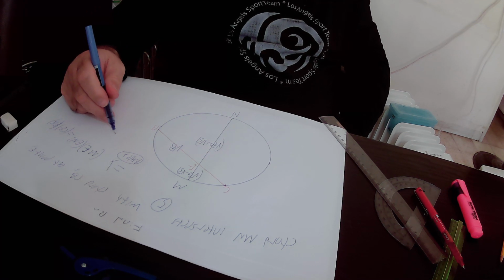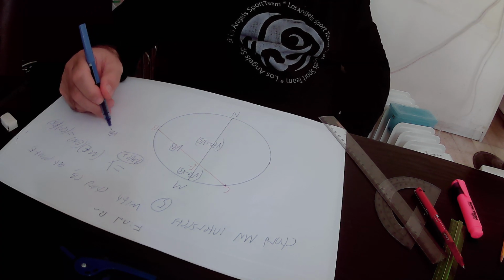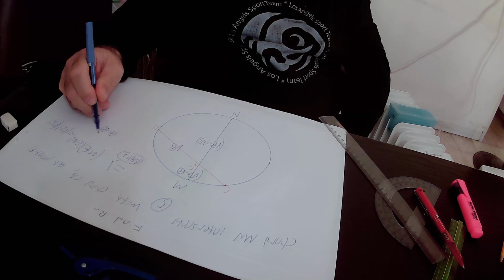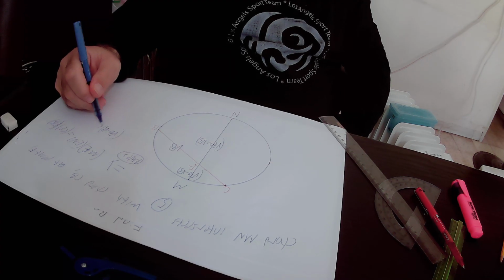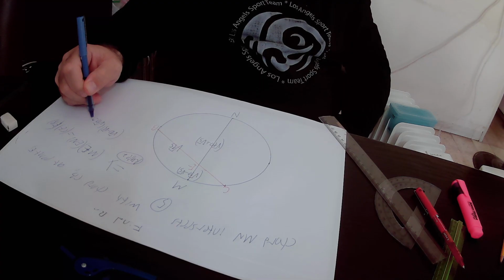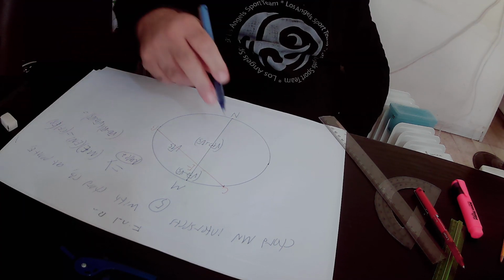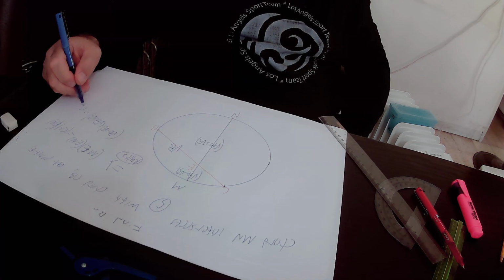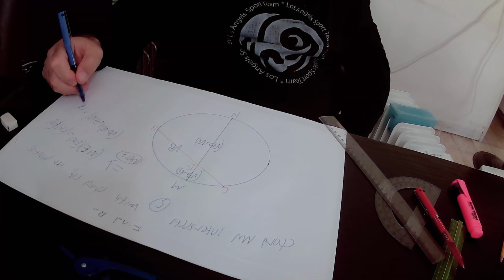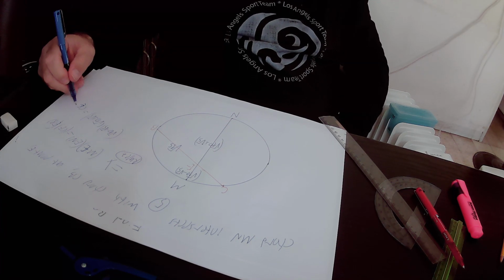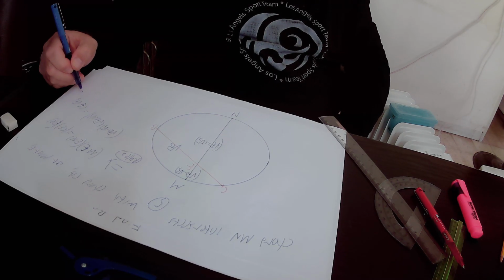ME, square root of 10 minus square root of 5, times EN, square root of 10 plus square root of 5, equals CE, the missing line segment, times EB. EB equals the square root of 15 units.